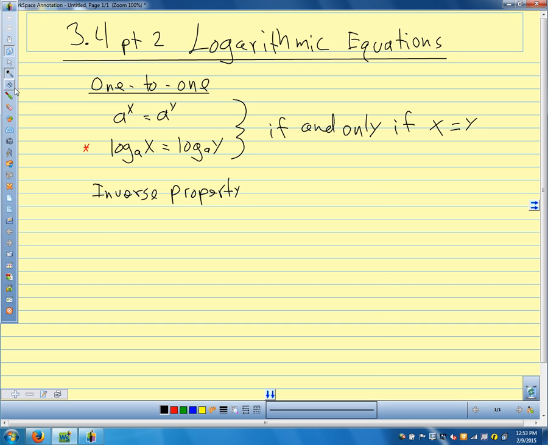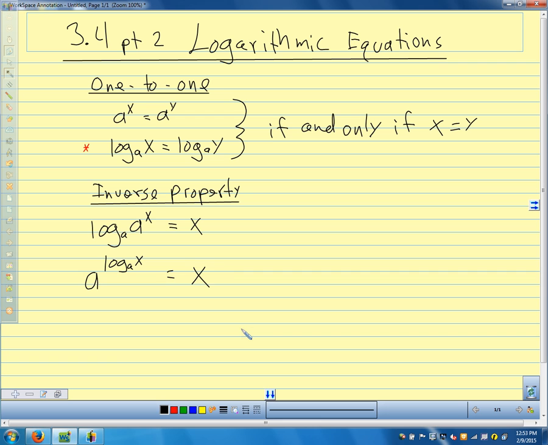We use both of these a little bit, but the inverse property says that the log base a of a to the x equals x, and a to the log base a of x equals x. Those are the ones where we say the inverse functions undo each other, basically. And we'll use both of those today.